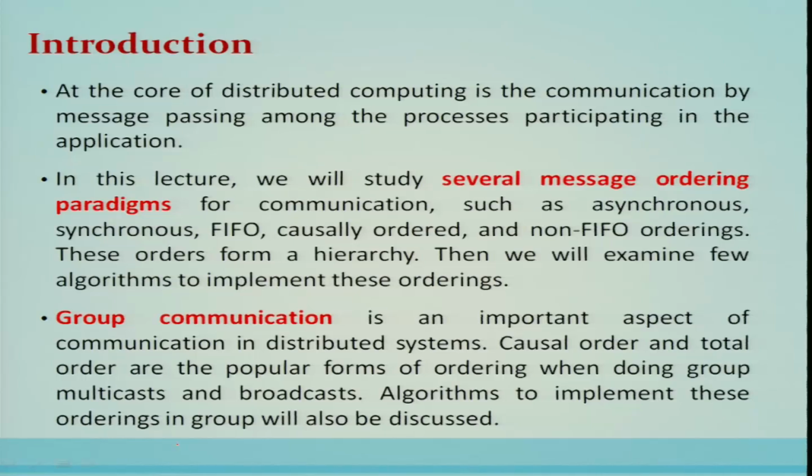Another form of message ordering or communication in a group is called multicasting. Multicasting is an example of two cases: one is called a closed group and the other an open group.